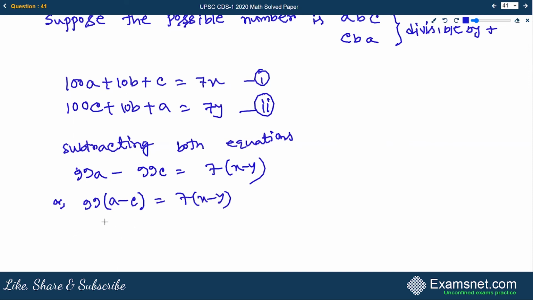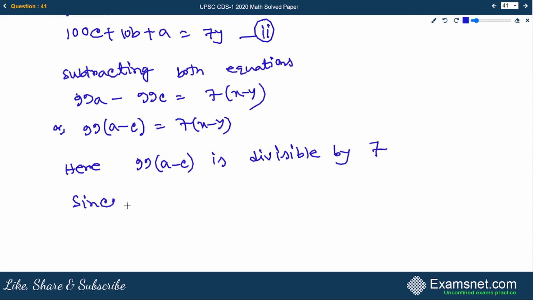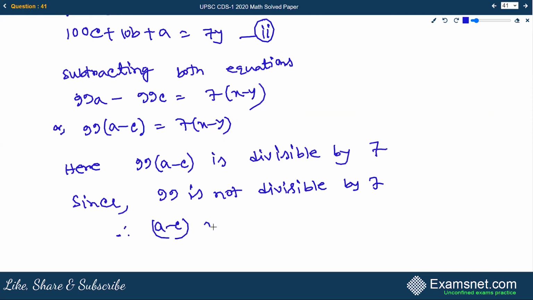Now here 99 multiplied by A minus C is divisible by 7, right? But since 99 is not divisible by 7, therefore A minus C must be divisible by 7, correct?